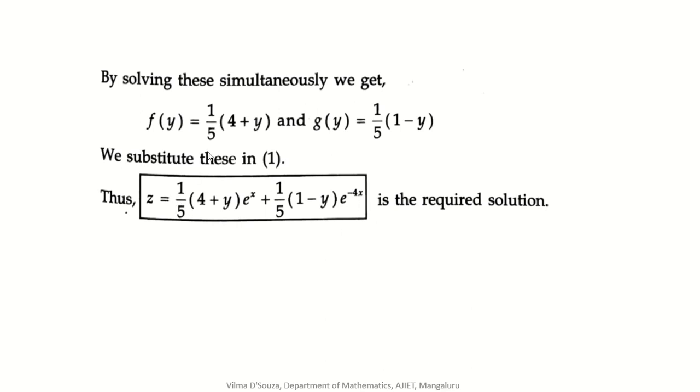F(y) is 1 by 5 into 4 plus y into e power x plus g(y), 1 by 5 into 1 minus y, into e power minus 4x. So this is your required solution of the PDE.